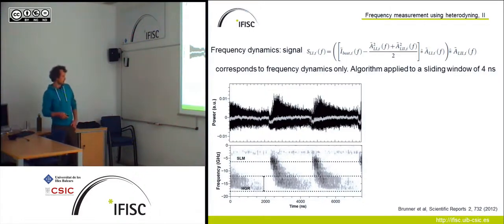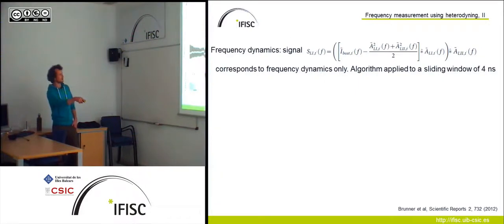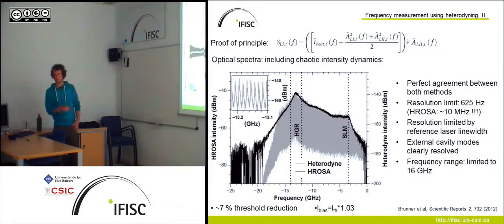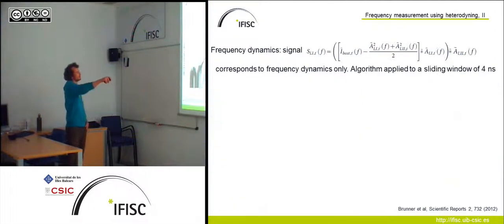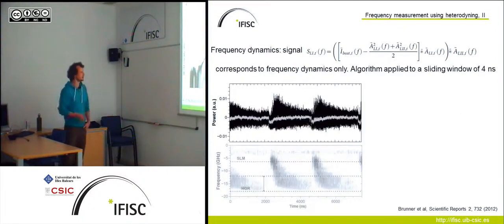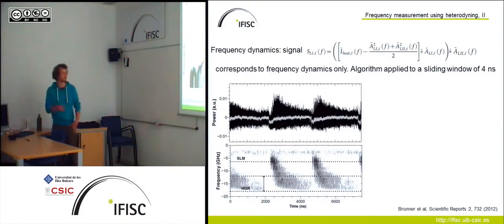And now going to the frequency domain, suddenly we see the spectral information I was talking about before. If you look here at 0, we are close to the solitary laser mode, and the high gain region of the delay feedback coupled laser is between, let's say, 12 and 14 gigahertz.